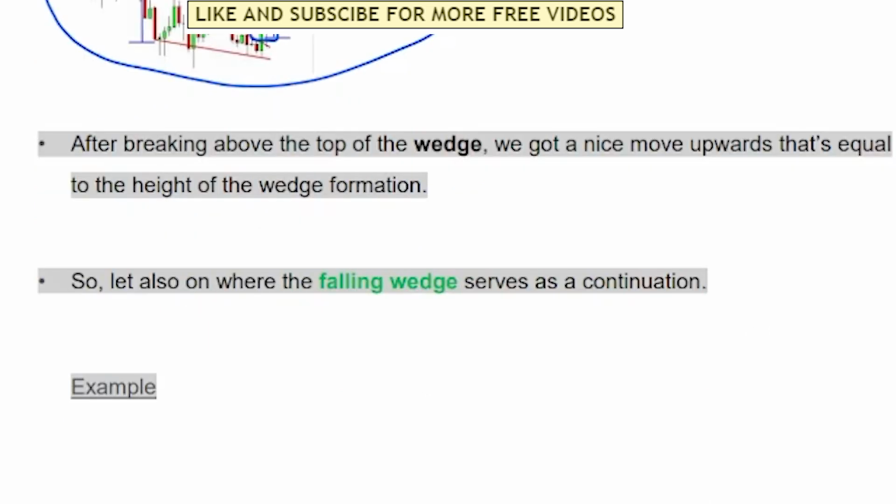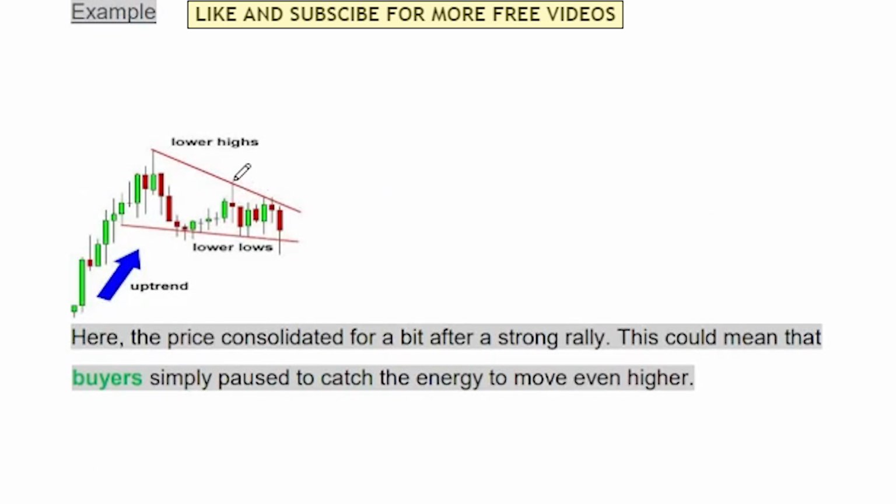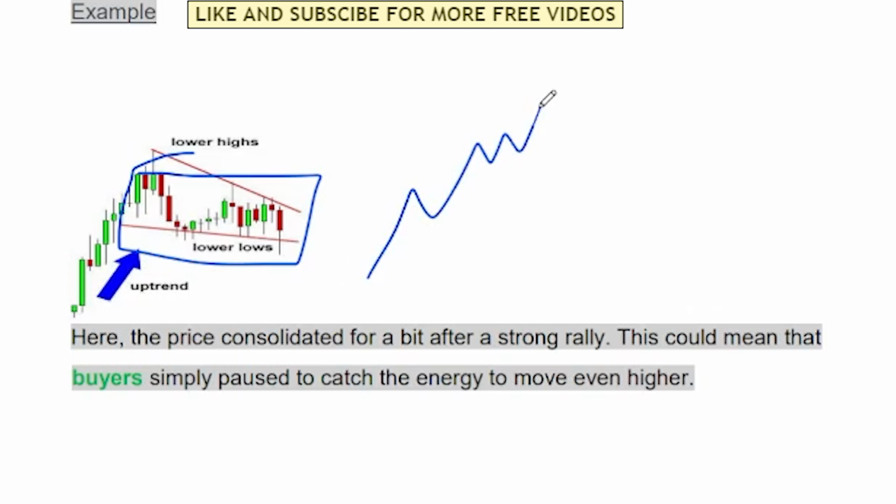Let's also look at an example of the continuation falling wedge. Okay, this is a wedge. If you see a falling wedge, every time expect the market to go bullish. Keep that in your mind. Here, the price consolidates. Remember, as we are in the formation of a chart pattern, any chart pattern means that the price is consolidating. So for a bit, after a stronger rally, after a stronger movement, we started to form a falling wedge.